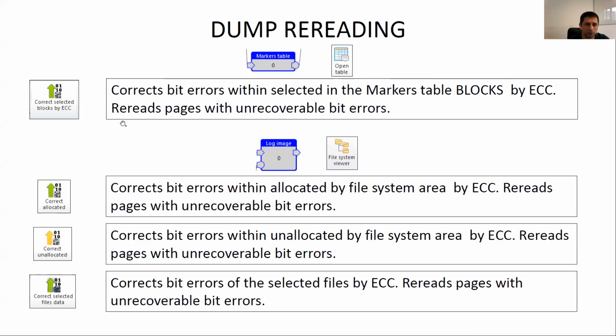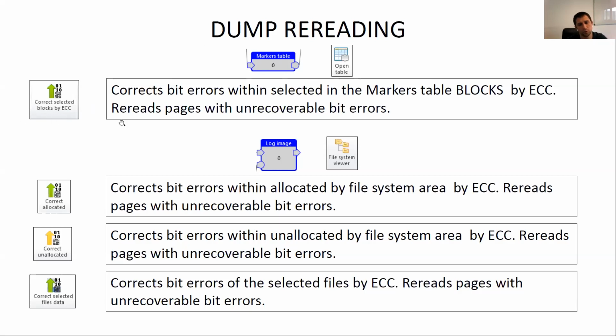So when you create a markers table, you select some blocks which will go to the logical image, and some blocks which will not go to the logical image. So you do the things which we discussed on the previous webinar. And if you decide that you want to read those blocks in the markers table, you can run this procedure with this button inside the markers table.